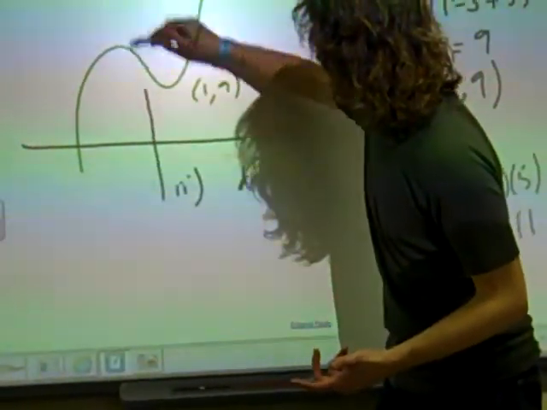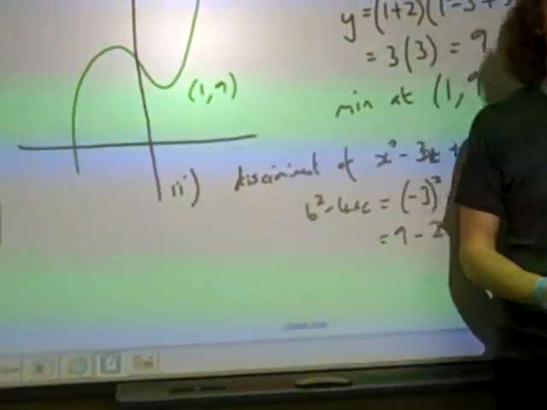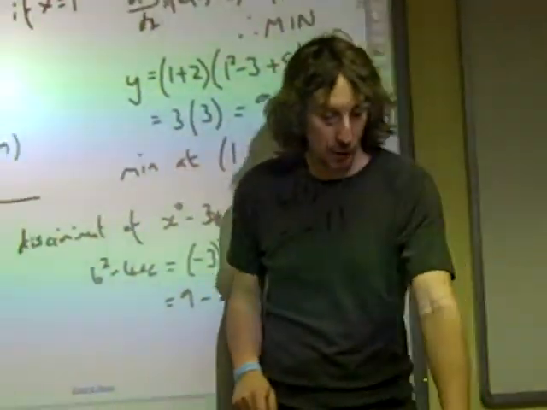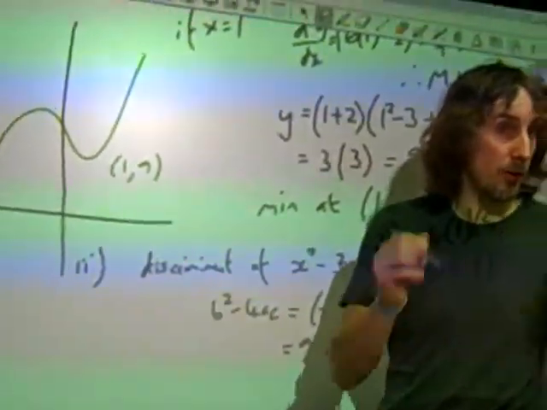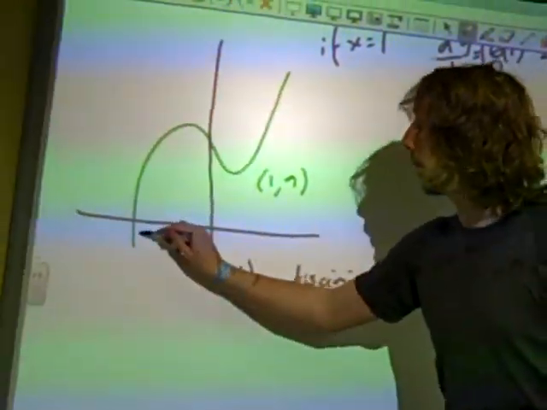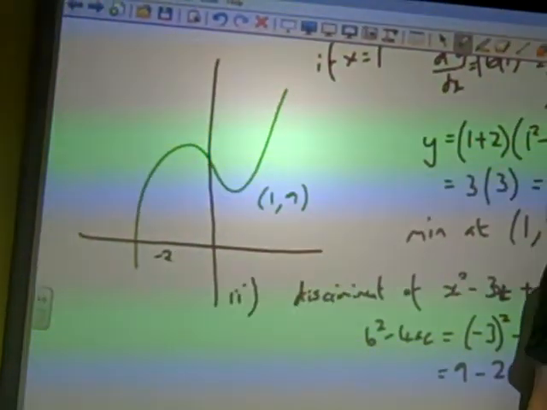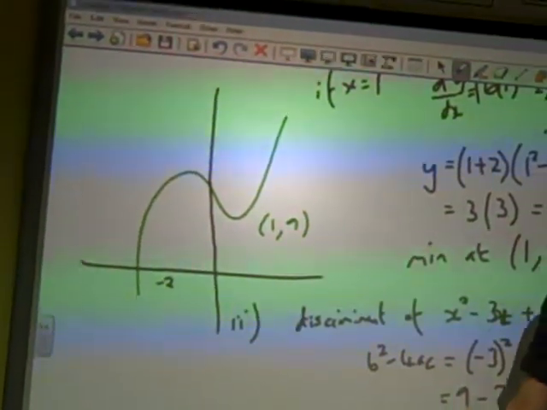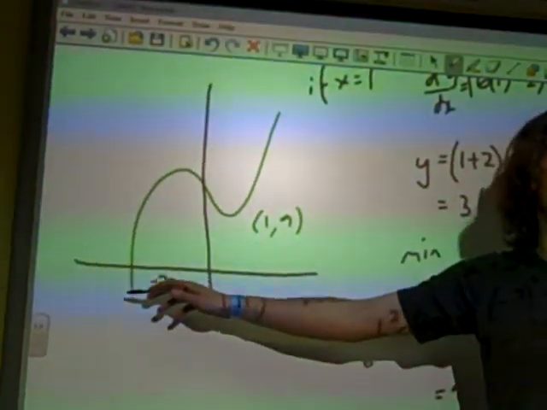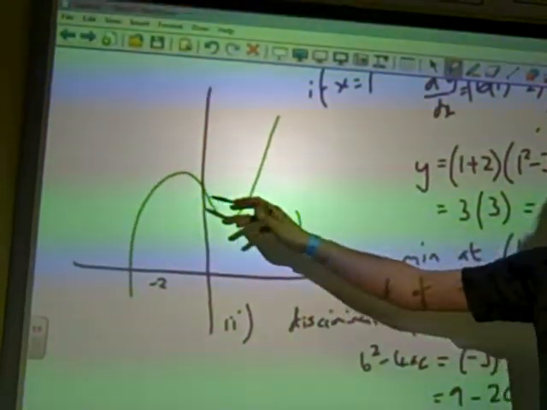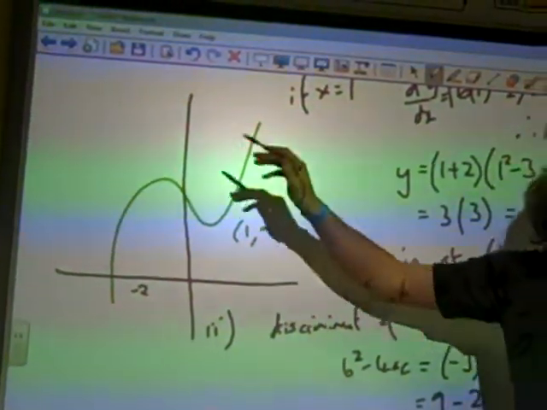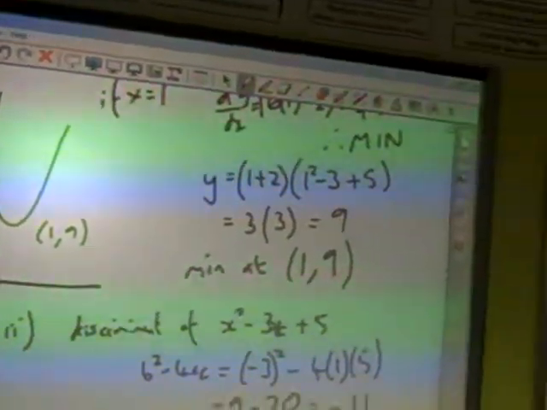So the axis goes through there somewhere. And if we look back at the original equation, x plus 2 in brackets, so that point is minus 2, that point over there. And so this is right, isn't it? We've got the one root at minus 2, the discriminant was negative, so we haven't got the other root happening. This is actually going to be quite useful in part 3.